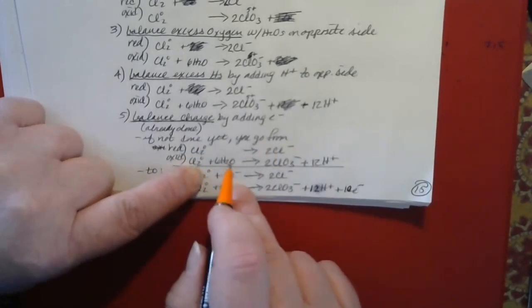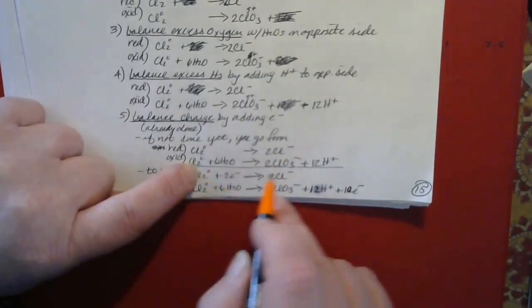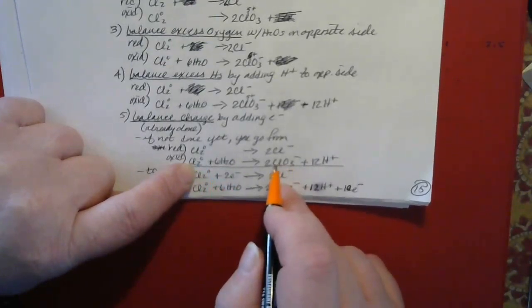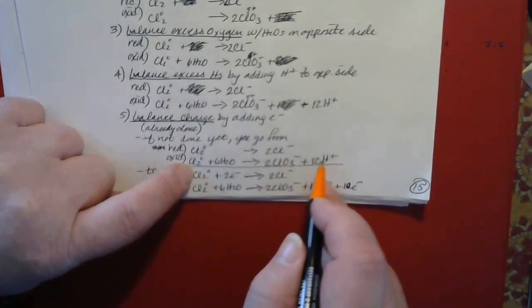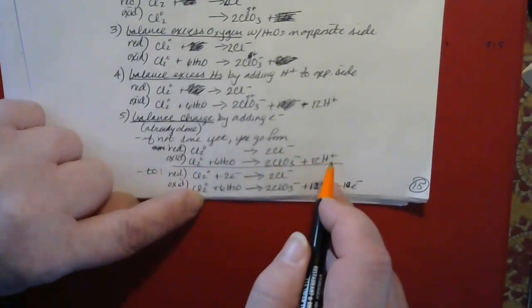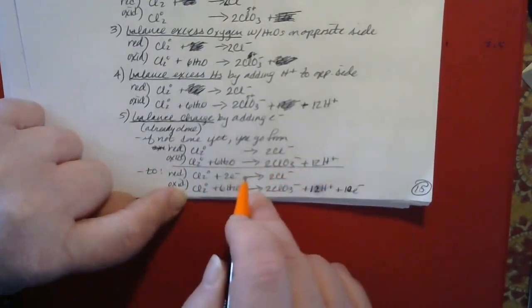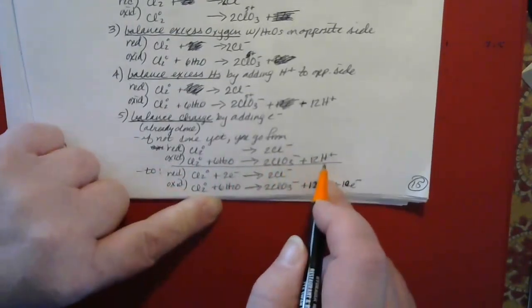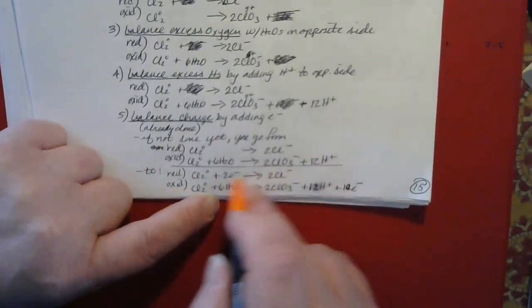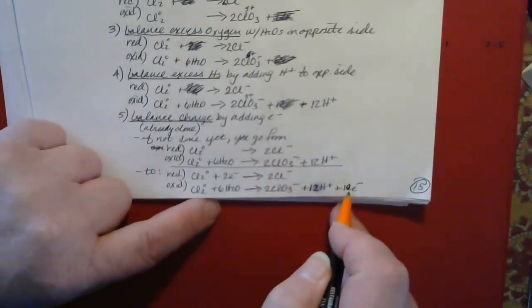Okay, so this is the finished version. Now for the oxidation half reaction, we've got a total charge of 0 on the left-hand side and a total charge of, let's see, -2 plus 12. Overall, that's plus 10 on the right-hand side. And that means in order to balance out with the 0 on the other side, we're going to have to add 10 electrons to the right-hand side.